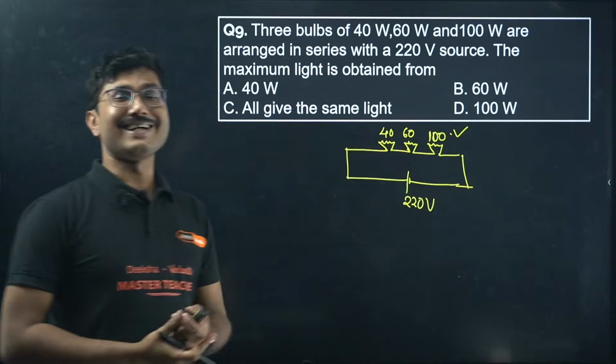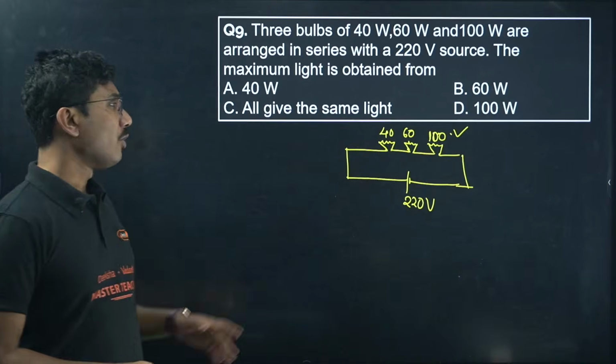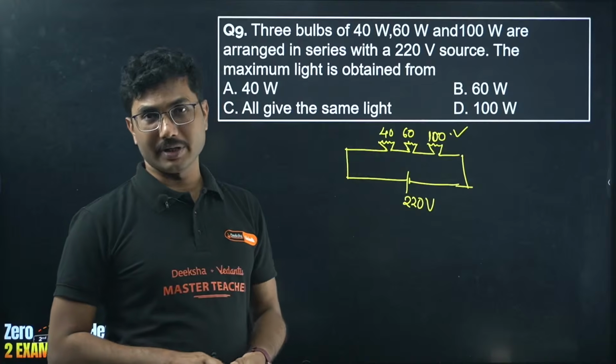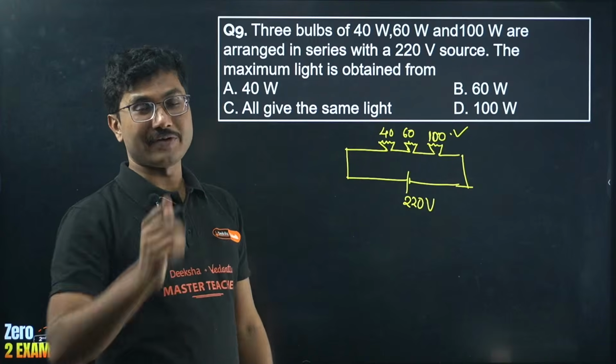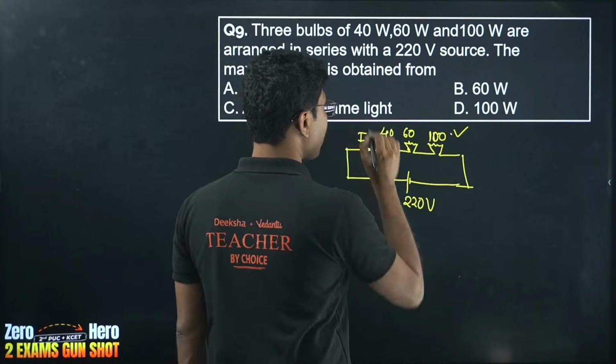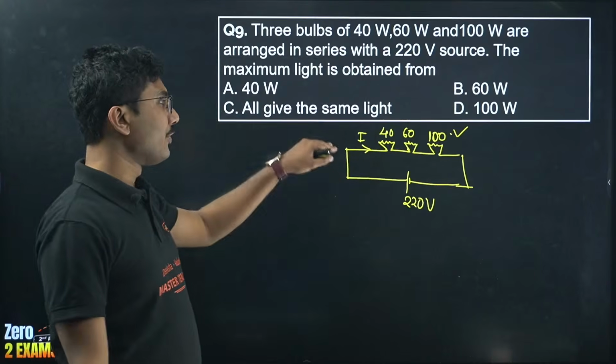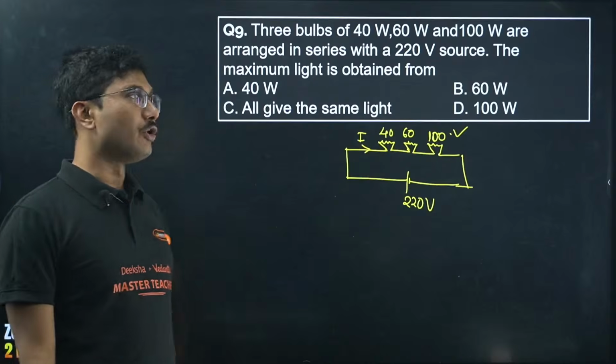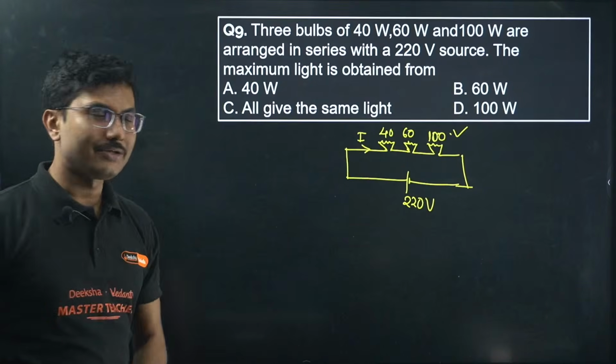But because they are connected in series, the situation is slightly different, because the current is constant, not the voltage. So current would remain constant, not the voltage, and that's why the answer will be slightly tricky.